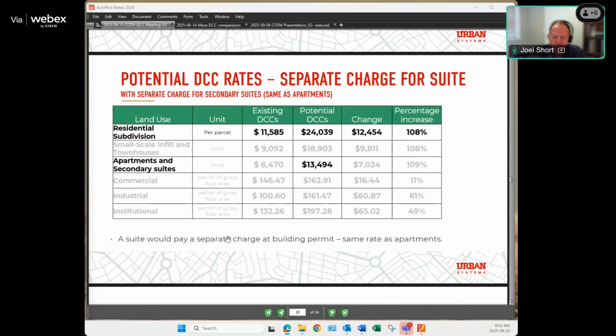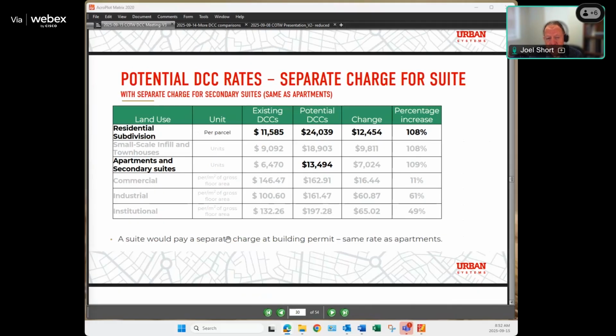We recognize that this is a big increase. It's not something to be undertaken lightly, and so we do have some options that you can think about, either phasing those in or increasing the assist factor so it's not quite as big an increase.